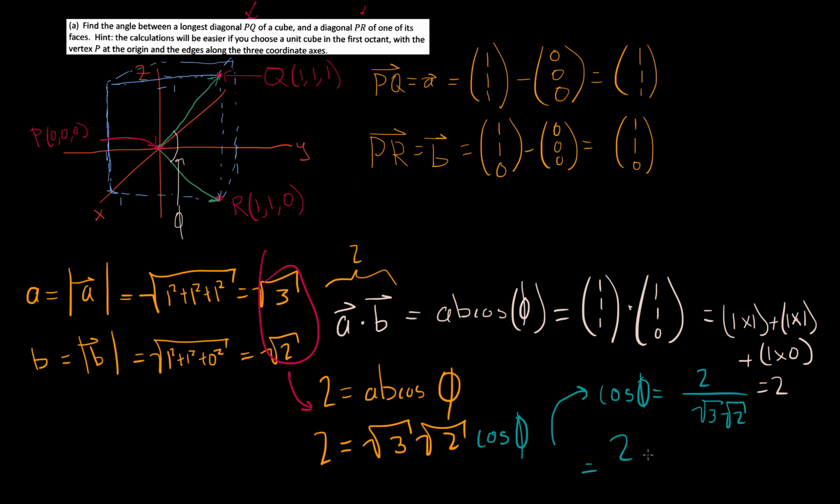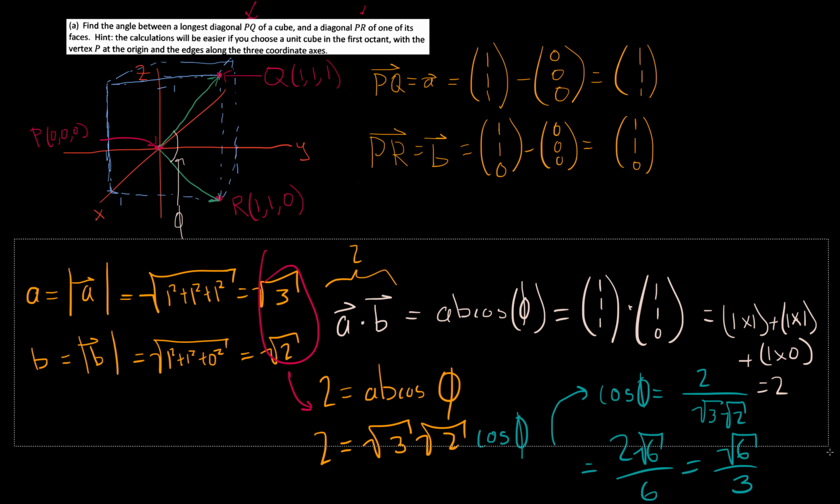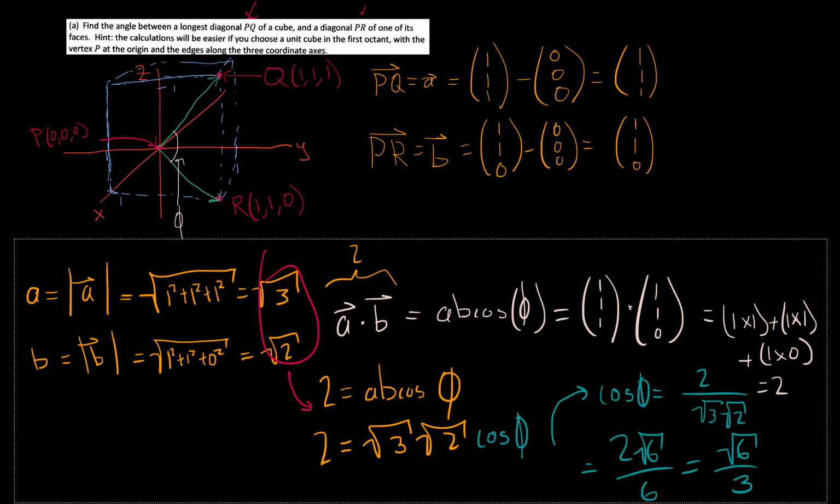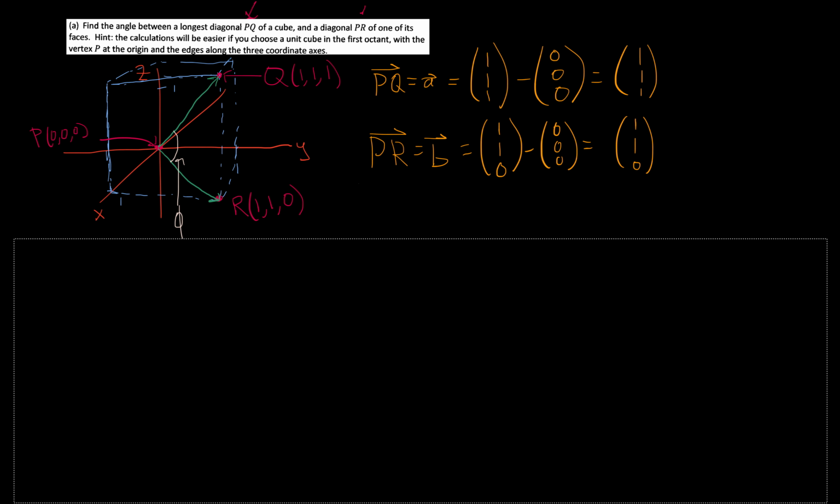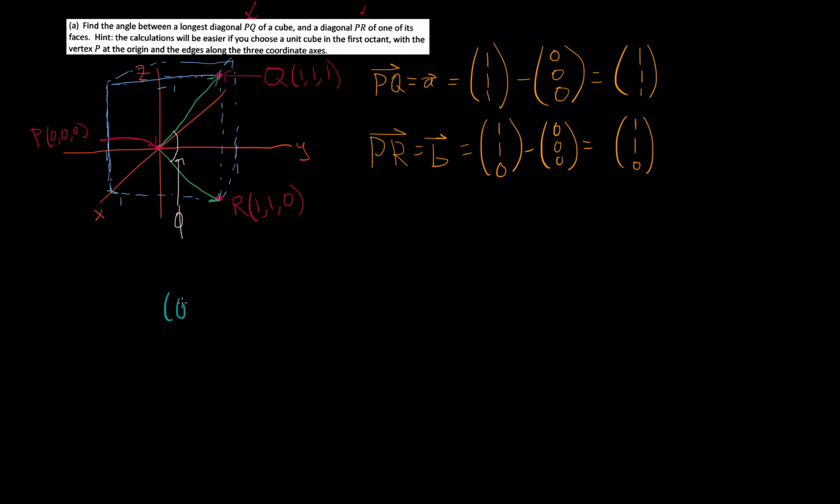We can simplify this down to 2 root 6 over 6, which is root 6 over 3. So if we delete all of this stuff that we don't need anymore, we get cosine phi is equal to root 6 over 3.